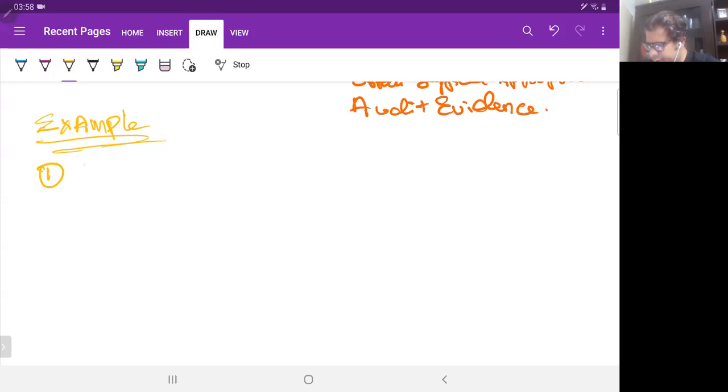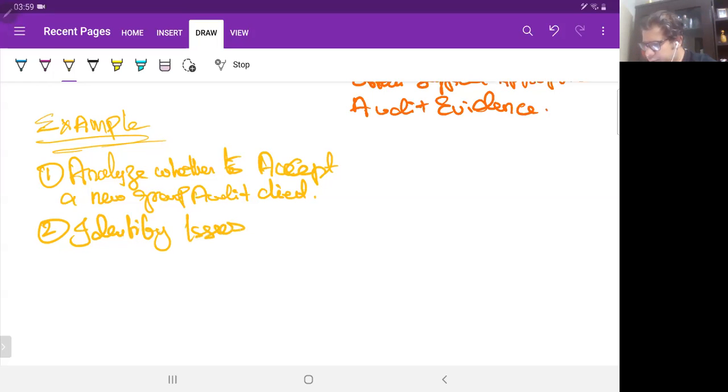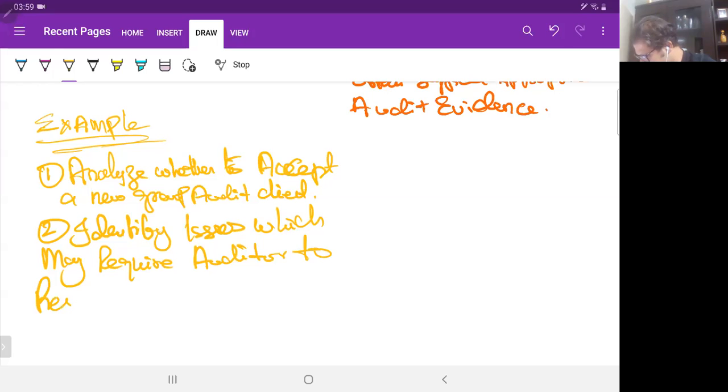It may require candidates to analyze whether to accept a new group audit client, a new group audit engagement, or to identify issues which may require the auditor to resign from an existing client.